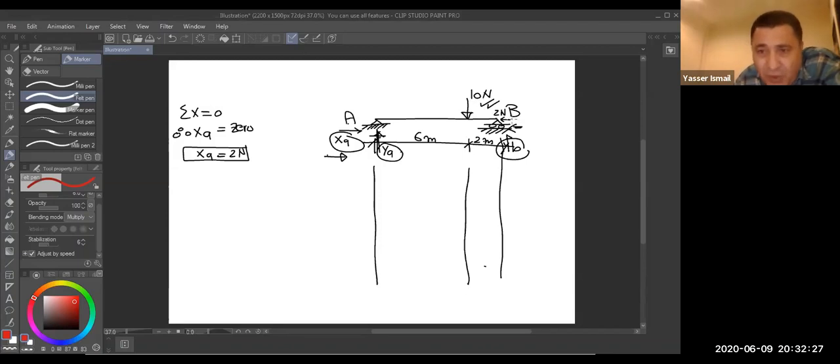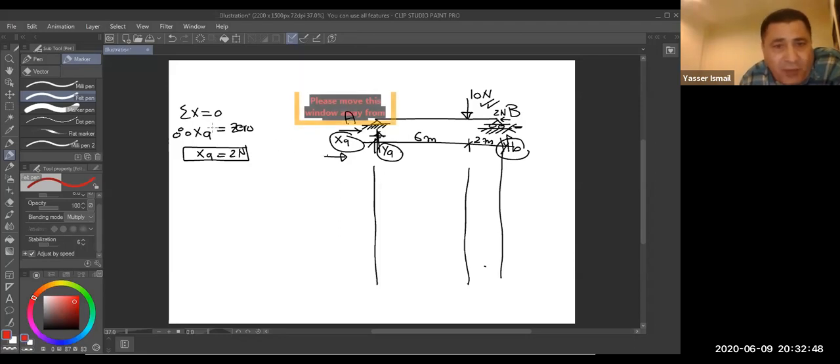And we have a horizontal load, which is 2 Newton, acting at B, the roller support. So we have 3 equations: sigma x equals 0, sigma y equals 0, and sigma moment.